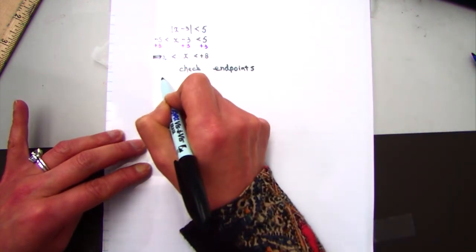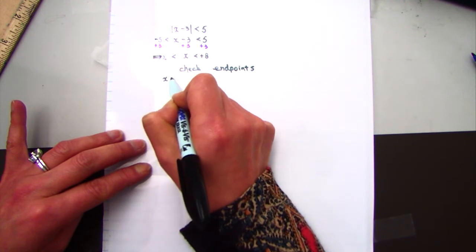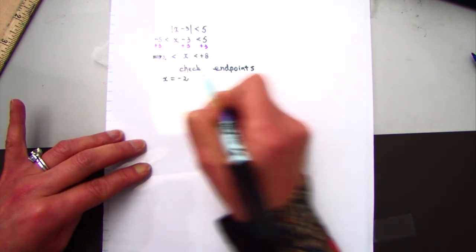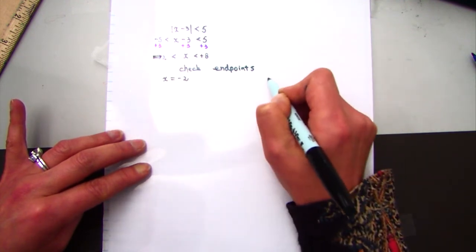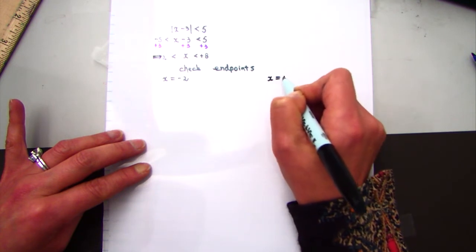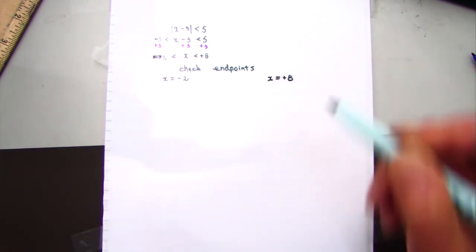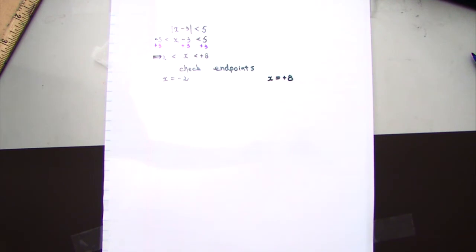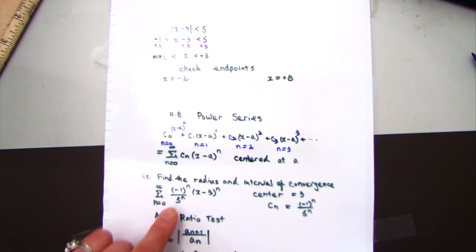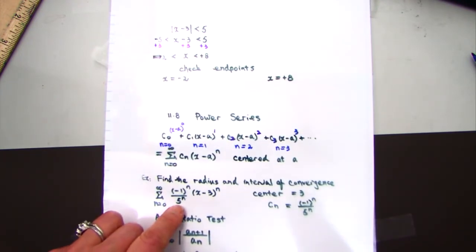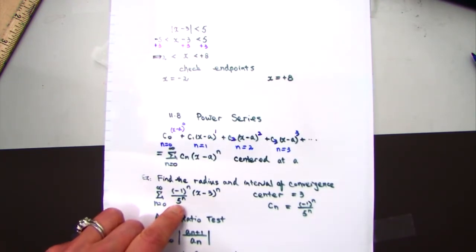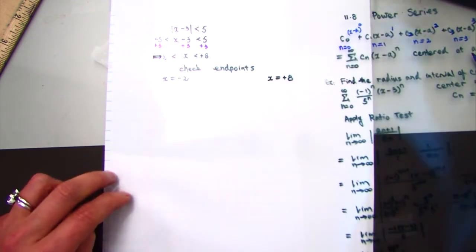Let's check x equals negative 2 and x equals positive 8. I want to know what happens to the series at exactly x equal to negative 2 and x equal to positive 8. So we're going to replace negative 2 and positive 8 into our power series.